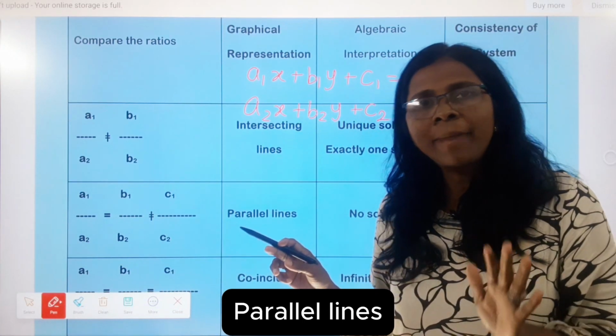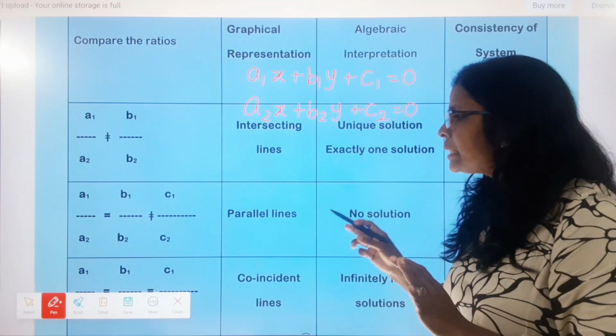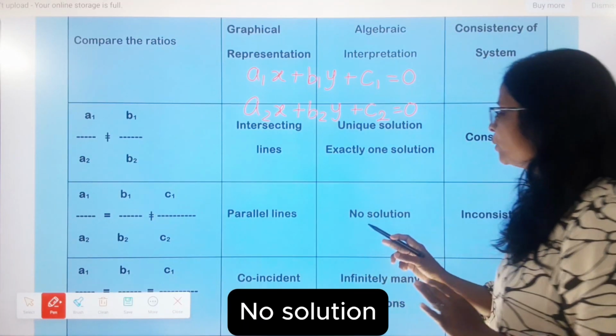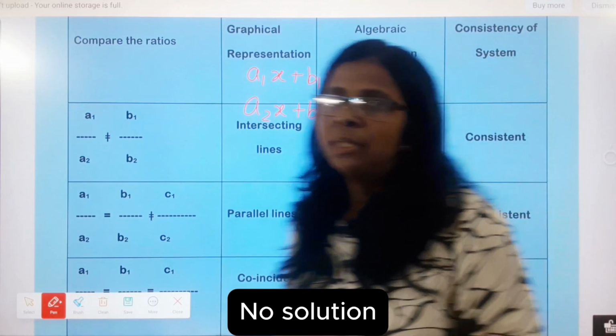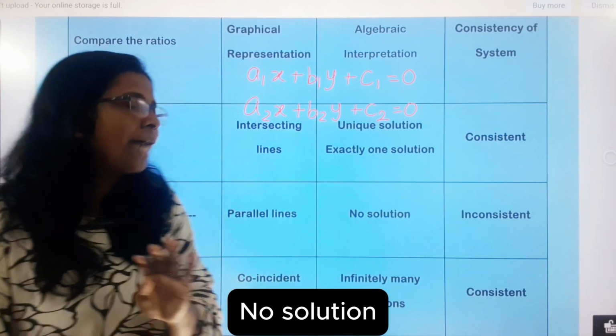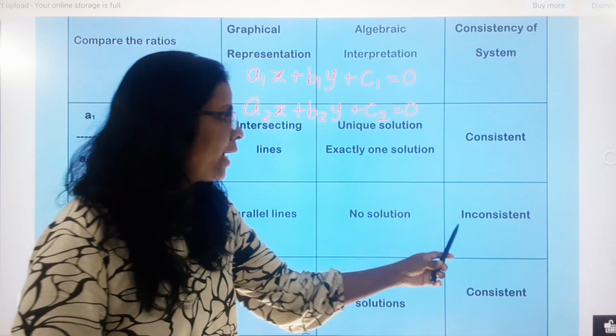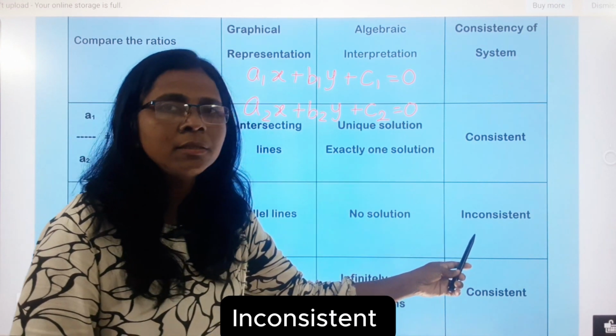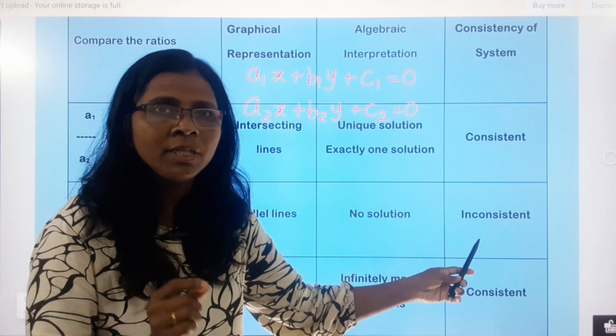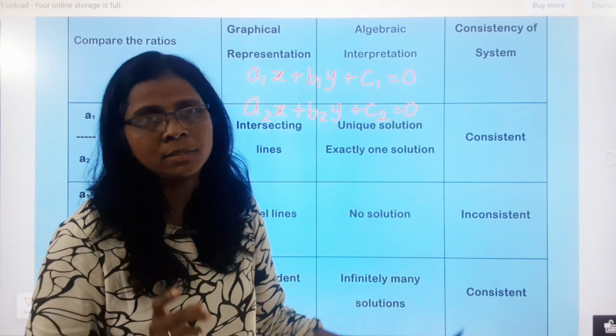The lines are parallel, and in this condition we get no solution. The lines have no solution, and that means they are inconsistent. So the equations are inconsistent.